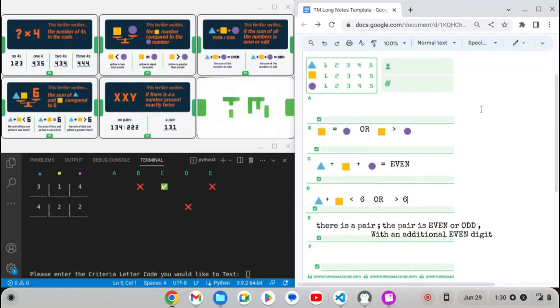No, we can't really say definitively that you can't have 2s and 4s, because you could still have either 2 2s or 2 4s, and the sum is less than 6 or greater than 6. So we know that much. But typically, what that also might mean is that you might be dealing with an even and an odd.